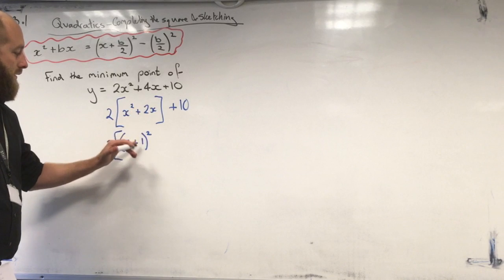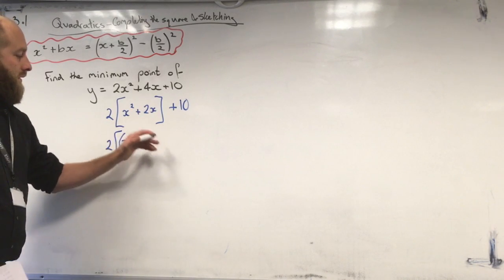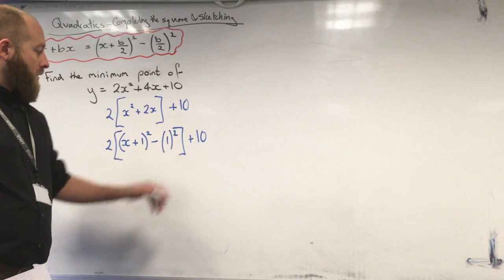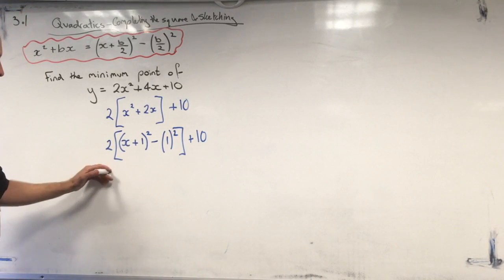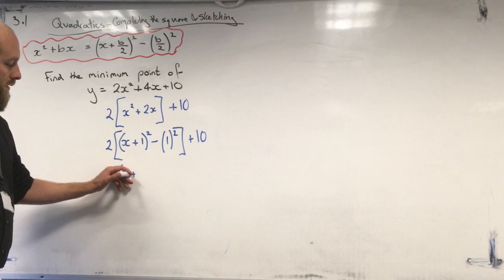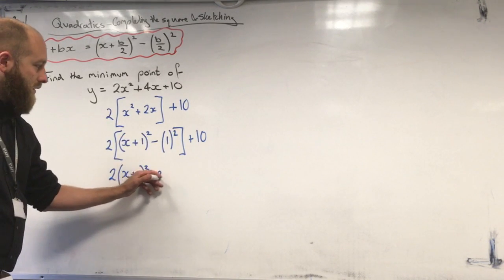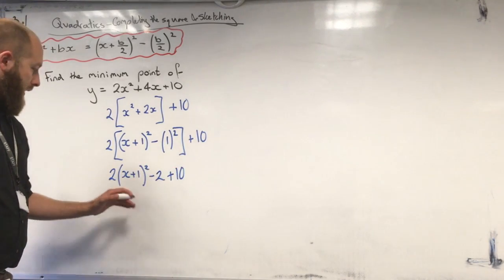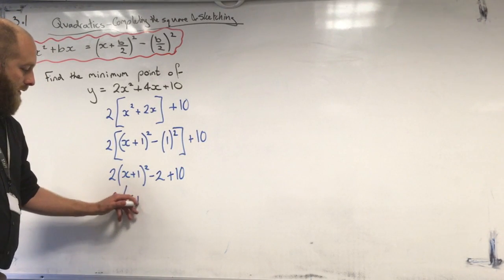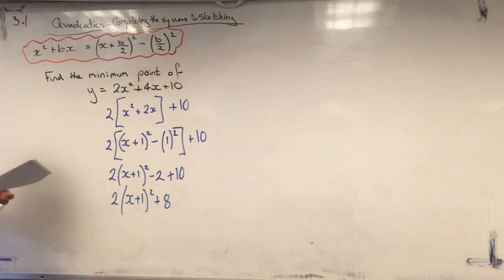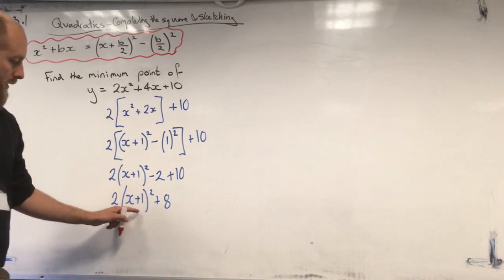So divide 2 by 2 to get 1, minus 1 squared, times out our brackets. 1 squared is 1, times 2 is minus 2, plus 10, so we get 2 lots of (x plus 1) squared plus 8. So our minimum point coordinates should be minus 1, 8.